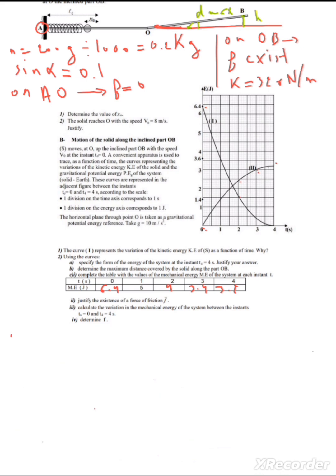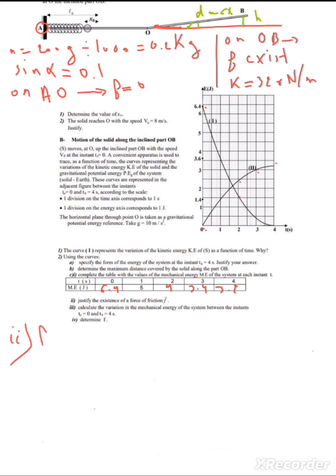Part 2d: justify the existence of a force of friction. Friction exists since mechanical energy is not constant. We have mechanical energy at t equals 0, 6.4, and mechanical energy at t equals 4 seconds, 3.2 joule. So the mechanical energy decreases with time.